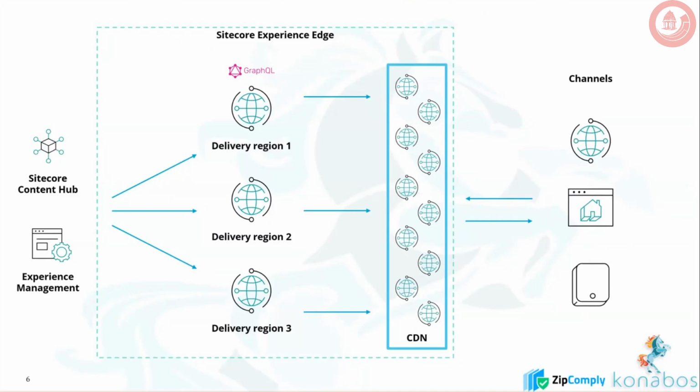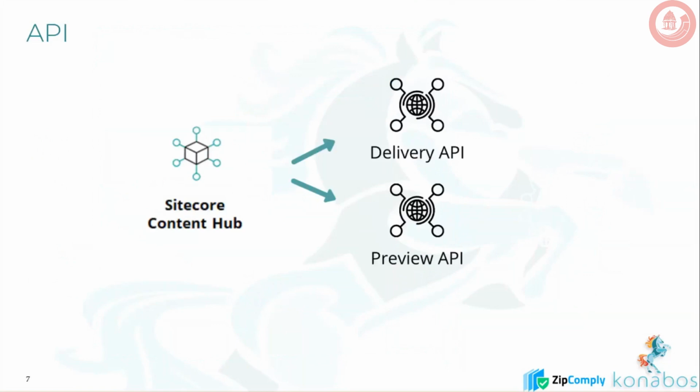The way it works, and I'm going to concentrate more on the Sitecore Content Hub part because it's already pushed and that's one of my favorite products, is that you have access to two different APIs, a preview API and a delivery API.